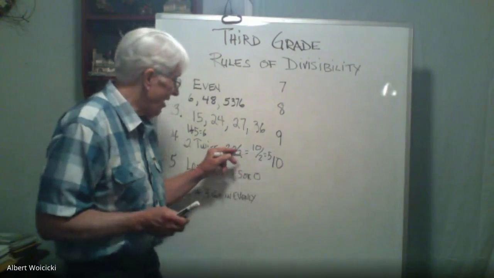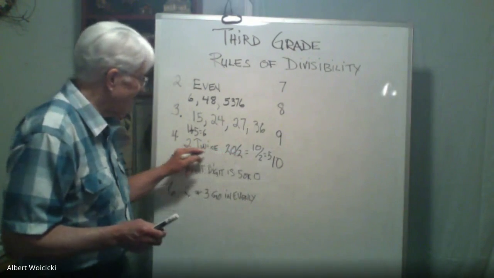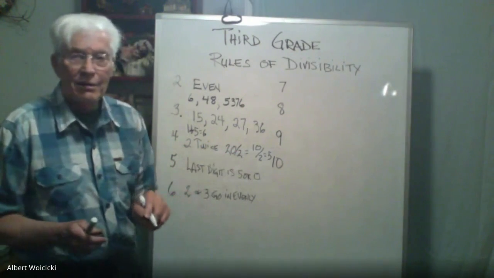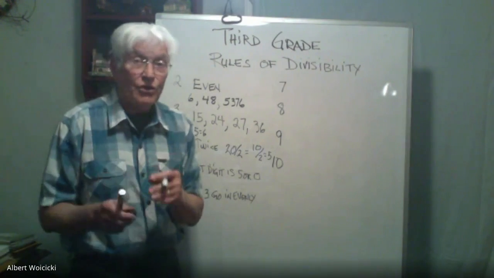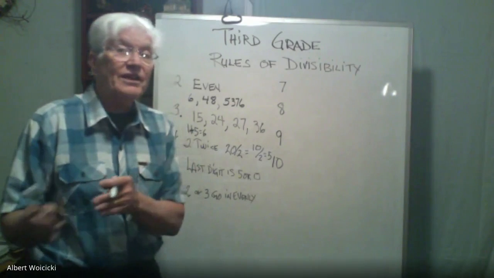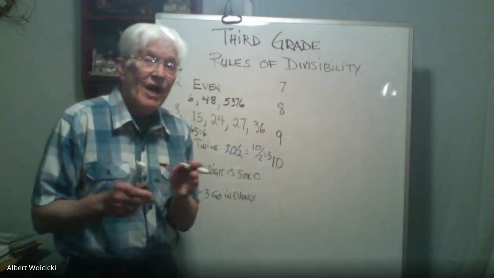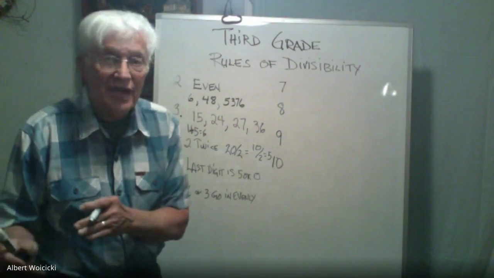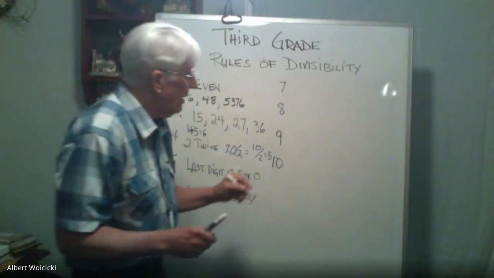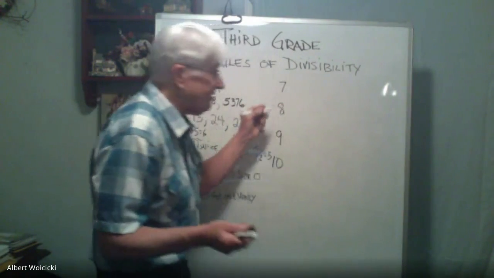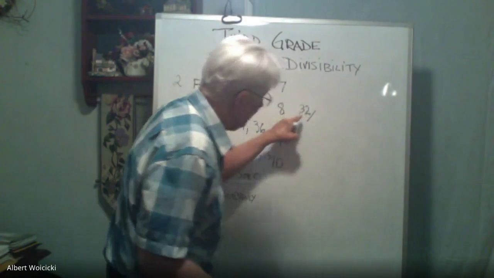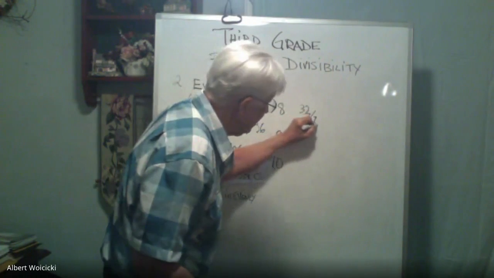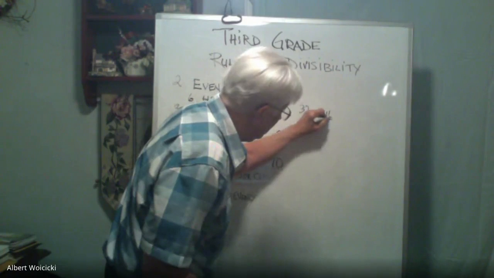Number 8. Well, 8 is an extension of 4. 4 times 2 is 8. So we now need 2 going into it 3 times. 2 has to go into it 3 times. So let's take the number 32. 32 divided by 2 is equal to 16.